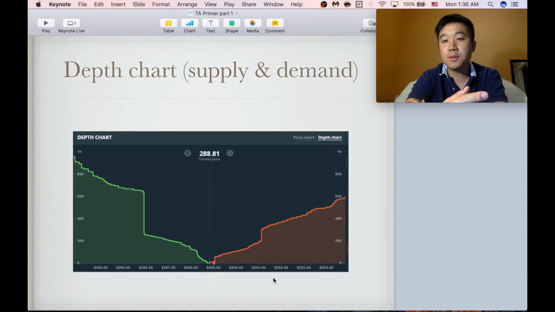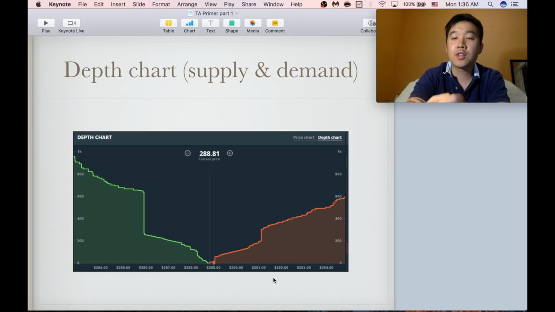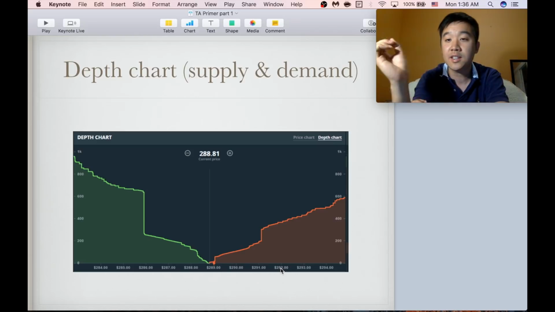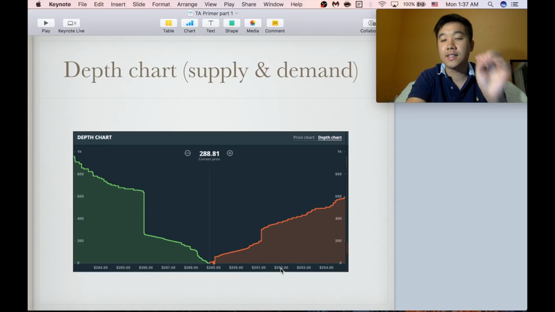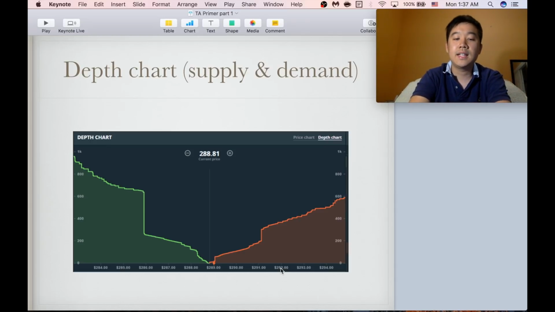Usually this would mean quite a bit, but in crypto things are unregulated, so people can use bots that put in these buy walls and sell walls and also take them away in the blink of an eye. So it's not really too useful, but in traditional trading, like the stock market, it is, because people can't put it in and then take it out at the last second before the price hits that wall. I just wanted to tell you about this anyway.